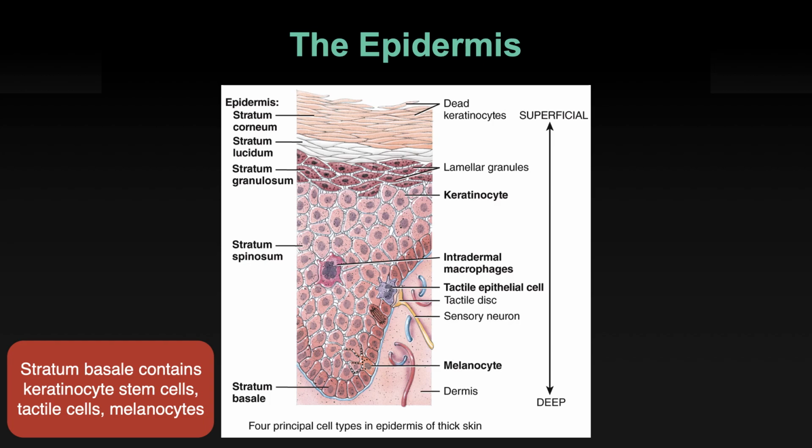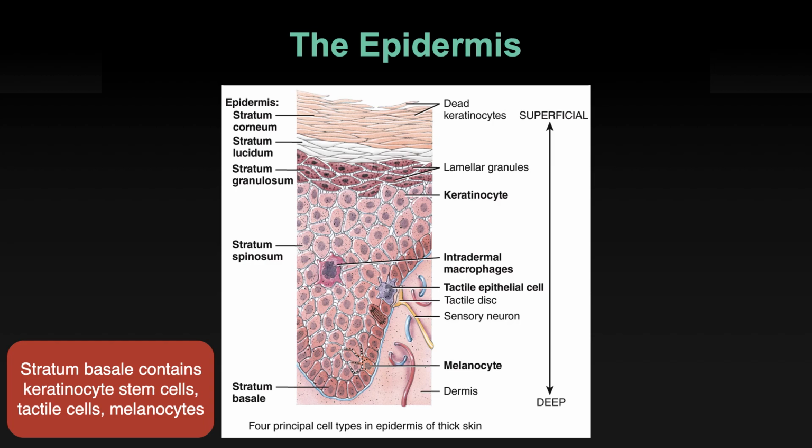You can kind of think of this as bubbles rising to the top of your favorite pop or soda or other adult beverage. The stem cells in the bottom give rise to these keratinocytes that gradually migrate further and further out, more superficially. And so you're looking at the life stages of all of the keratinocytes as you move more superficially.